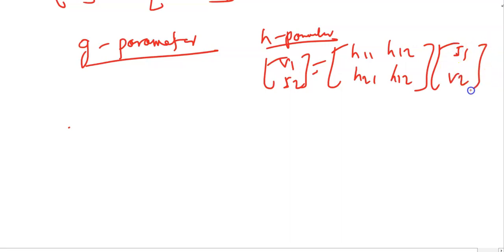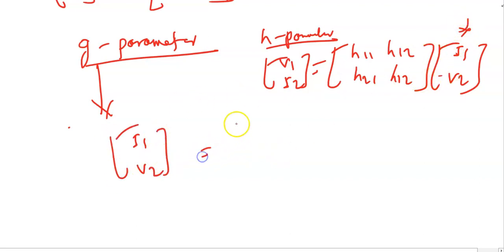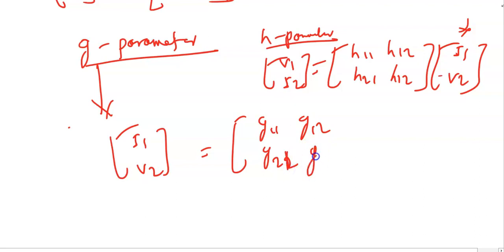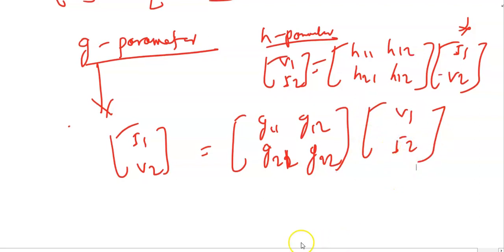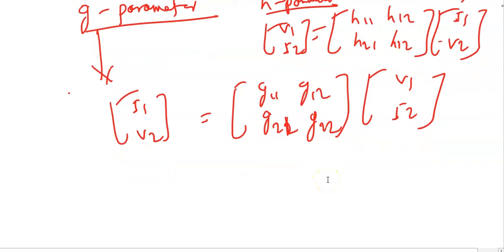For the inverse H parameter, or G parameter, whatever the output case, that will be G11, G12, G21, G22, with I1 and V2 as the dependent variables: input current and output voltage.